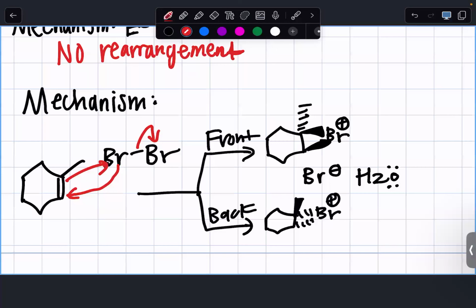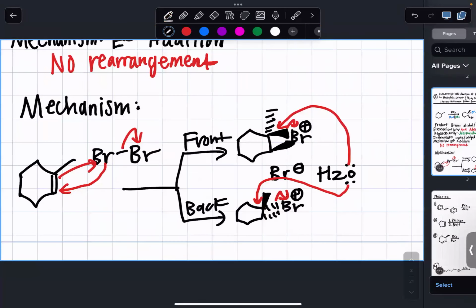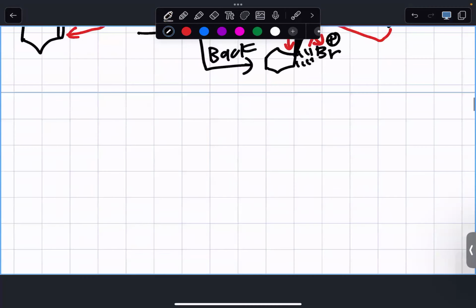So that water there, the nucleophilic atom is the oxygen with the lone pair. That's going to attack the carbon that would give you the more stable carbocation, which is the more substituted carbon. So this water here will always attack the more substituted carbon, right? Which is going to be like that. And we're going to break open the bromonium ion like that. And this goes through an SN2-like reaction as well.